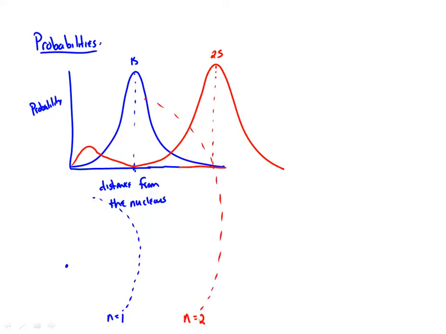Remember, we're dealing with probabilities, and yes, we do have shapes. The probability distribution really does look like a dumbbell, or as I like to say, a fuzzy dumbbell. And that leads to some interesting behavior.